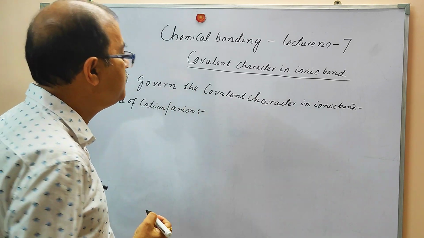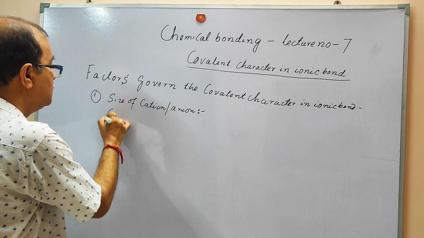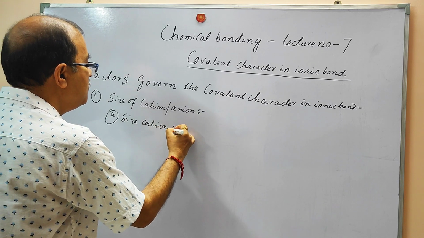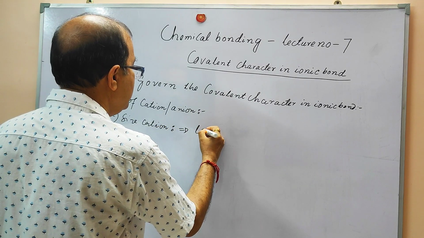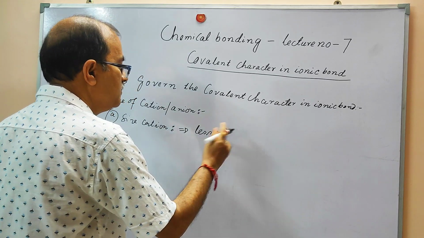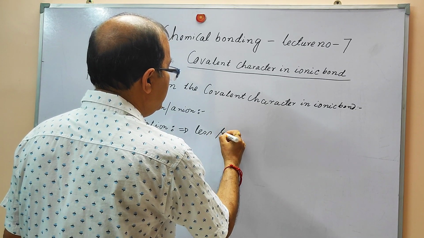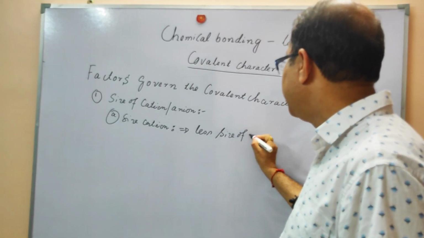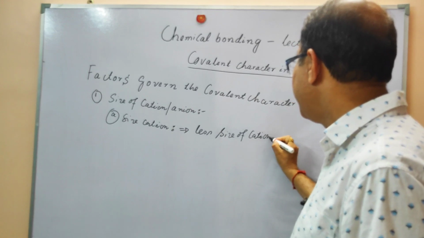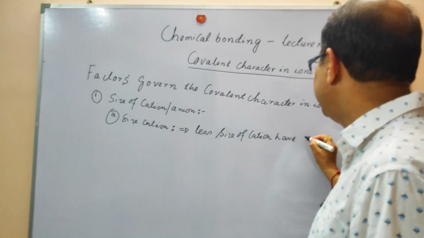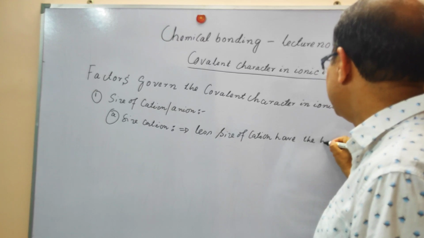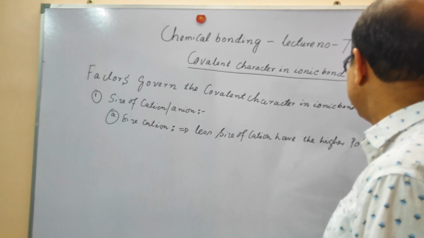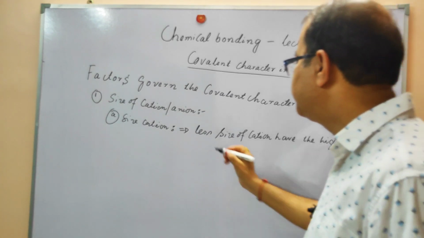How is this size going to influence? Number one, the size of the cation. A smaller cation has higher polarizing power.